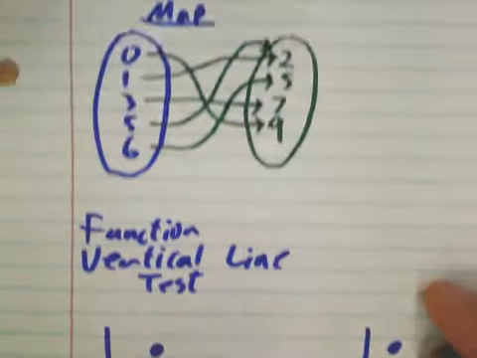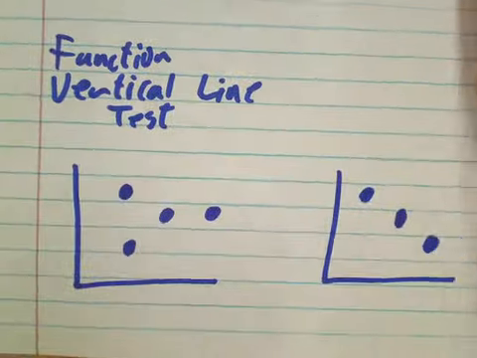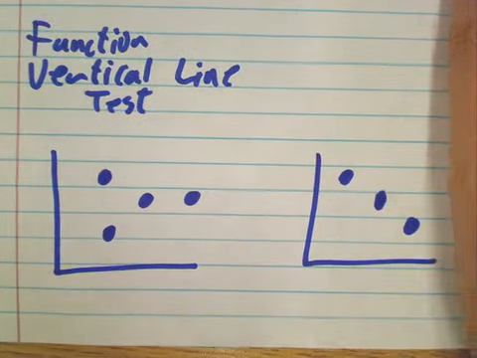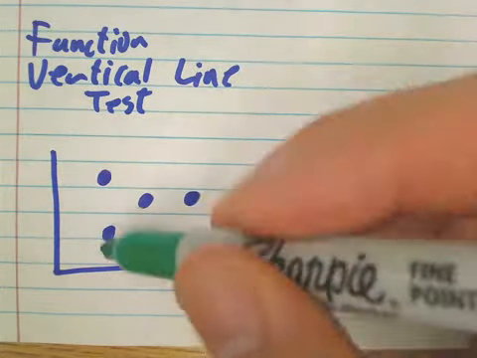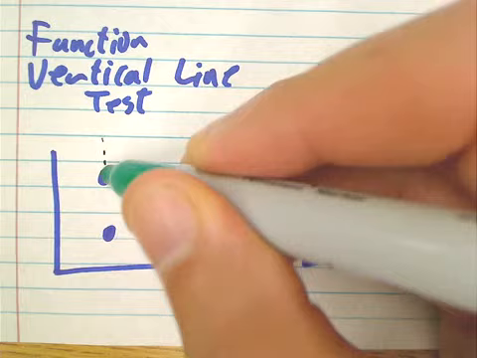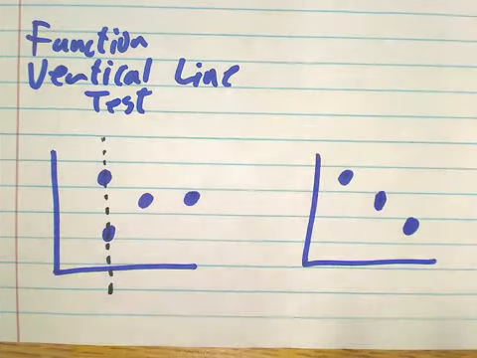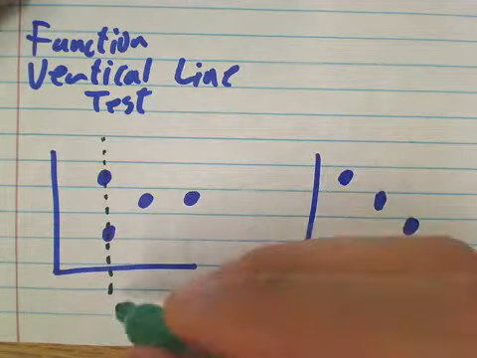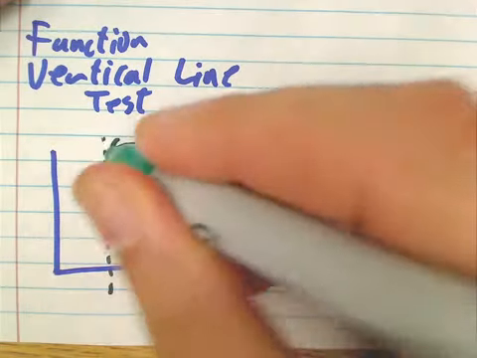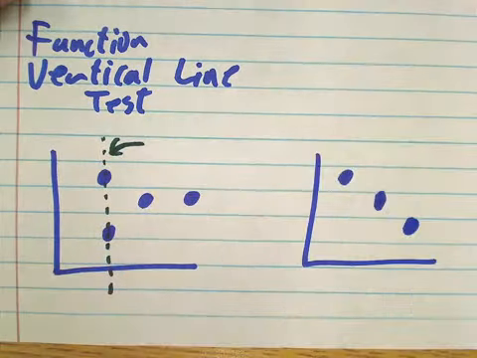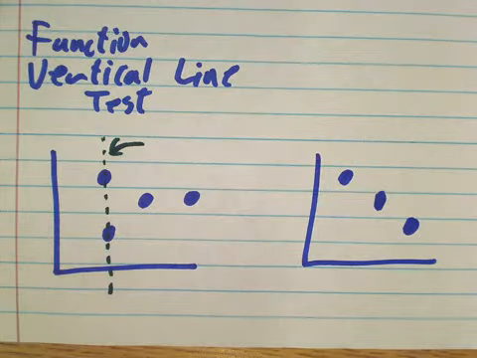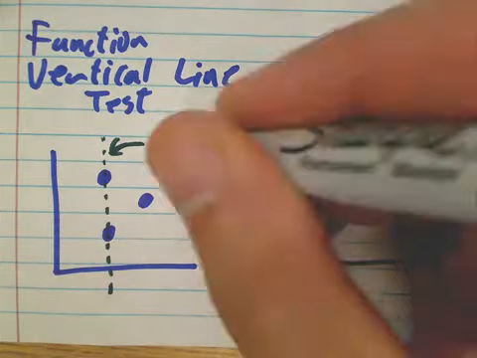So looking at a vertical line test, I have a couple of examples here. And you can see these 2 points have the same x. I tried to make them over each other. So if you draw a vertical line, it'll go through more than one point. So this is not a function because of that. I just made these points up.